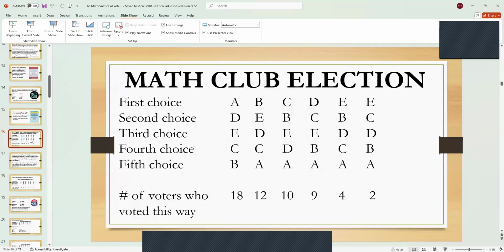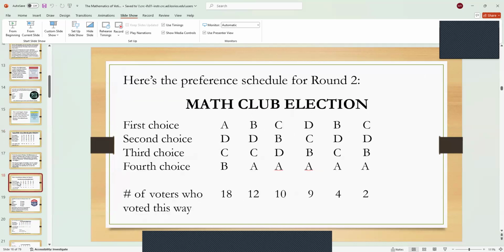Imagine erasing all the E's, bumping everyone up so that there are only 4 lines instead of 5. So Ben and Charlotte are going to be at the top of those last 2 columns, and it looks just like this. That is what it looks like if we erase Elliot, if we eliminate Elliot.